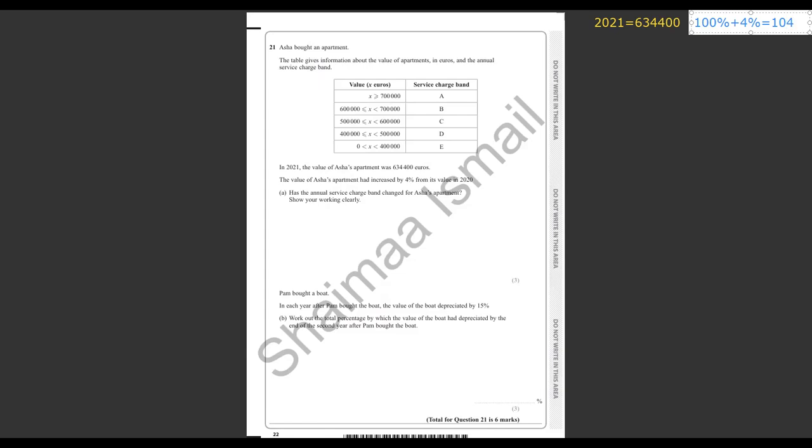We have to directly change it into 1.04 as a decimal. You have to change it directly into decimals just in case you have to use it in multiplying.